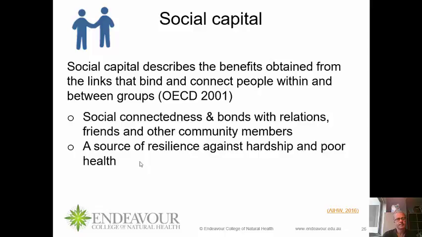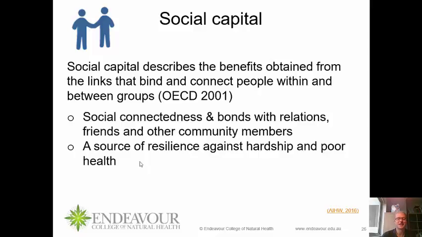On the other side of that coin, we've got something which we refer to as social capital. So it's the benefits obtained from the links that bind and connect people within and between social groups. So while we had social exclusion as something that was predictive of poor health outcomes, social capital is the cohesion that we have that's predictive of greater social outcomes, health outcomes.